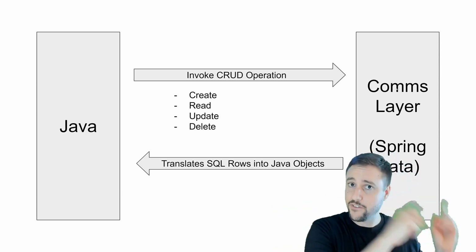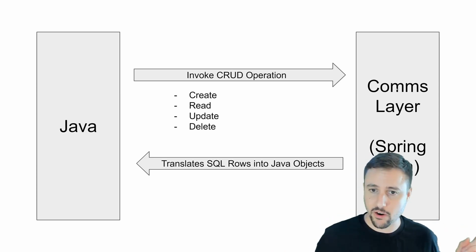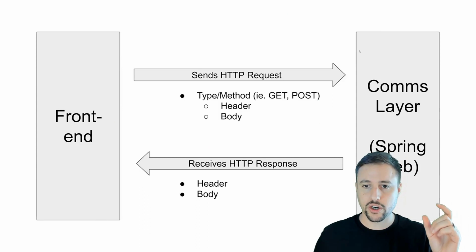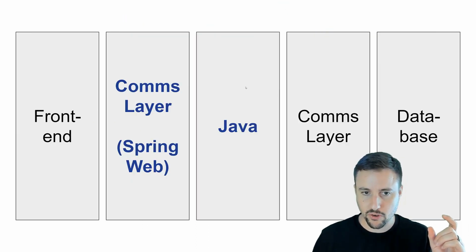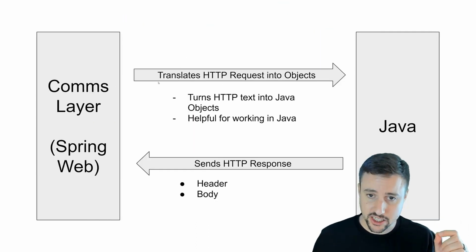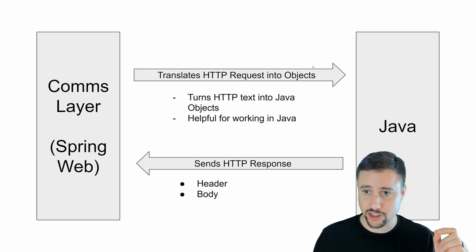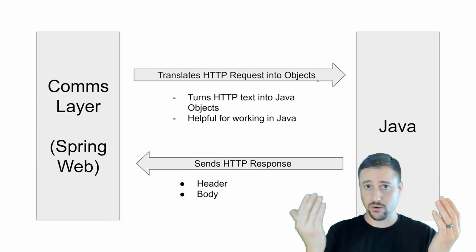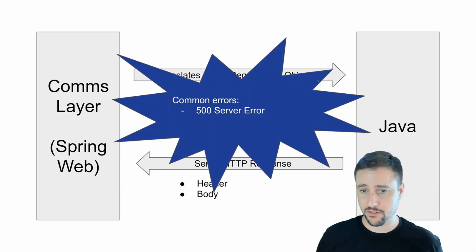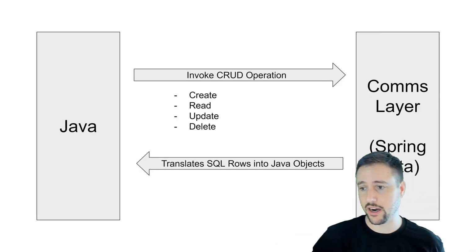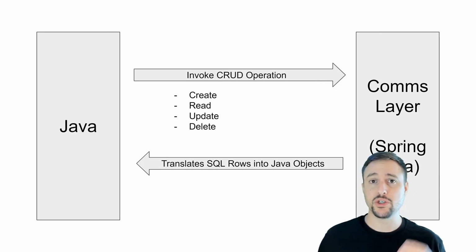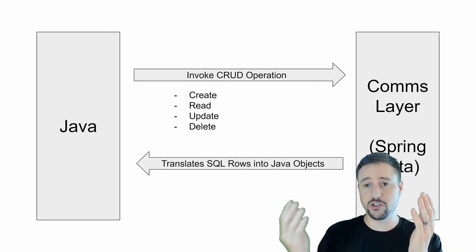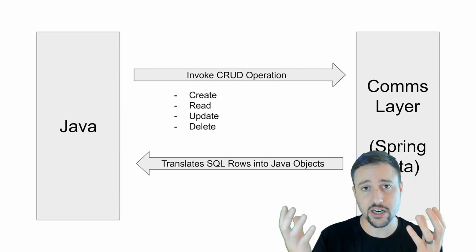Just like that first communication layer, if I go back in the slides, the first communication layer took text, translated the HTTP request, and turned it into objects. With this communication layer, with Spring Data, we do the same thing, only we take a Java object and turn it into something that a database can understand.